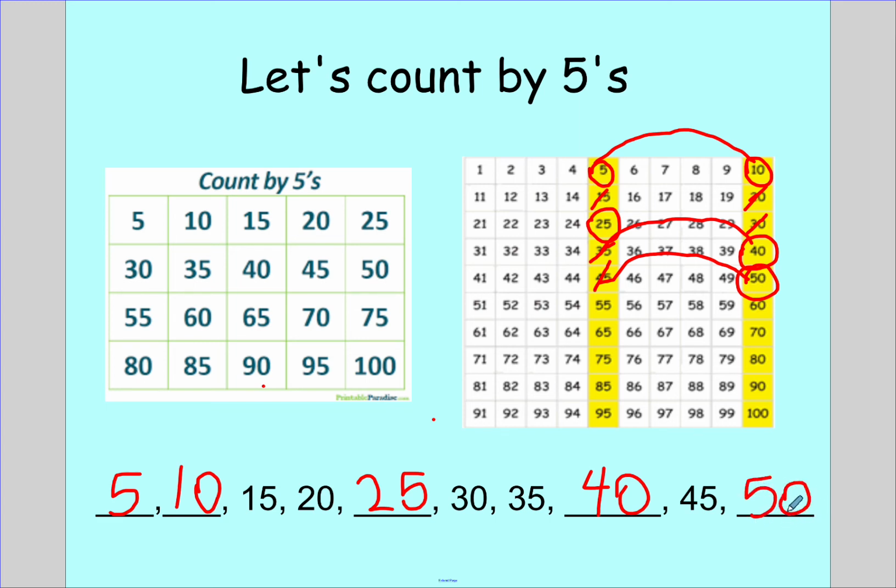And then I'm going to check my math. 5, 10, 15, 20, 25, 30, 35, 40, 45, 50. Let's do it one more time. 5, 10, 15, 20, 25, 30, 35, 40, 45, 50. All of my numbers end with 5 or 0, so I know that I counted by 5s.